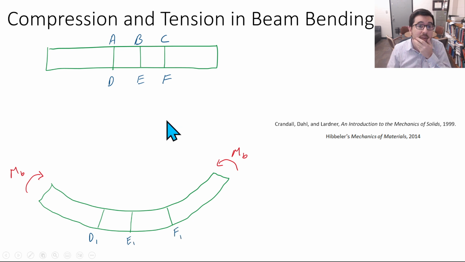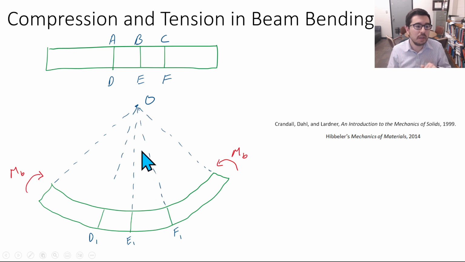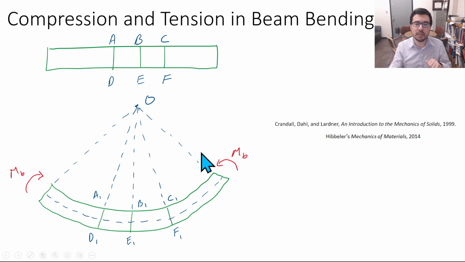Okay, and so maybe it'd be better to call this A1, B1, C1, D1, but let's just call them D1, E1, and F1. And above we can call them A1, B1, C1, and we can also assign a point O where we have a circle essentially being formed with radius rho.